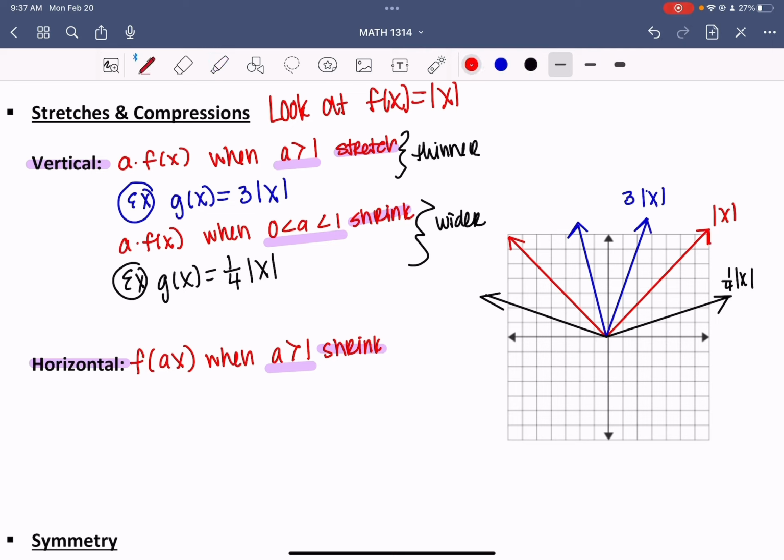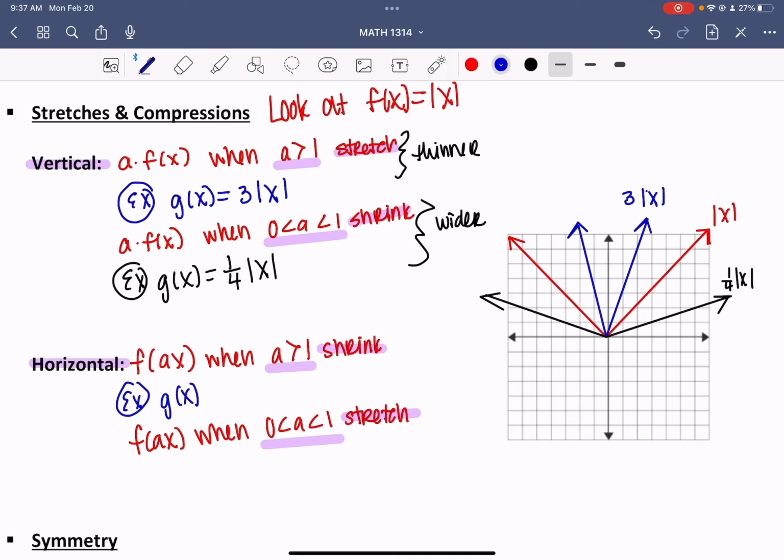Let's go ahead and write the next one down, and we'll do an example. When you have that multiplier on the inside, and again, it's between 0 and 1, this is known as a horizontal stretch when a is between 0 and 1. Example-wise, we're going to consider the same situation.